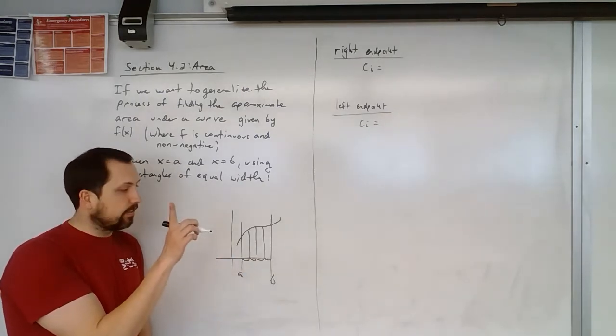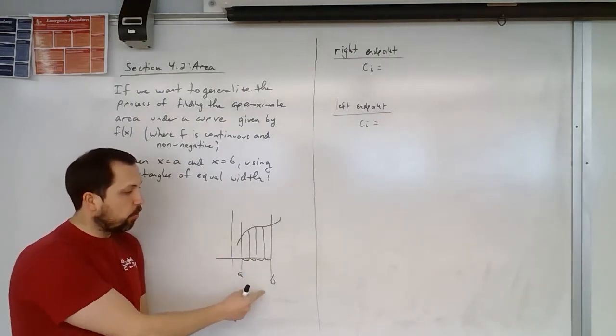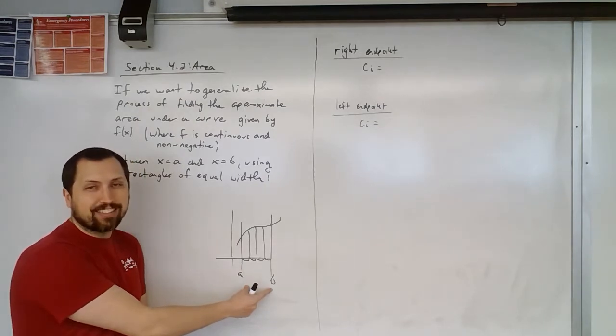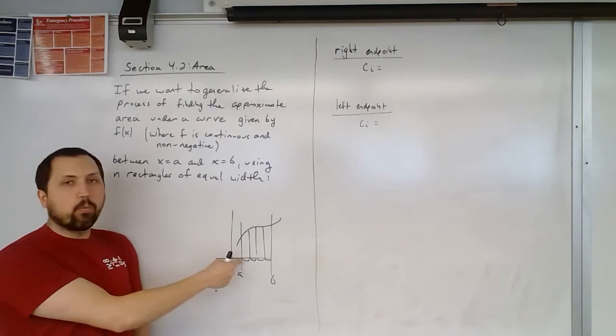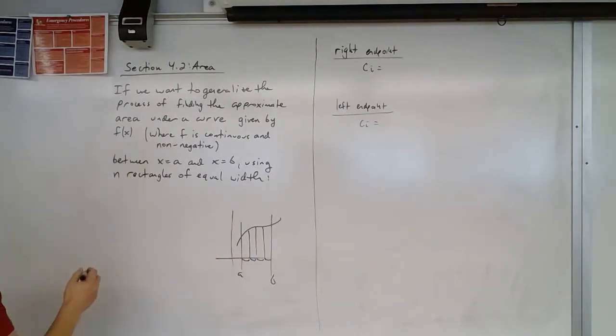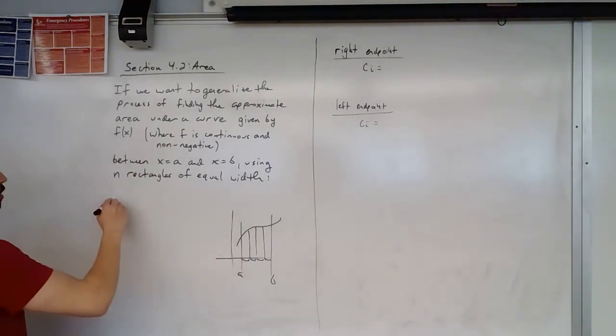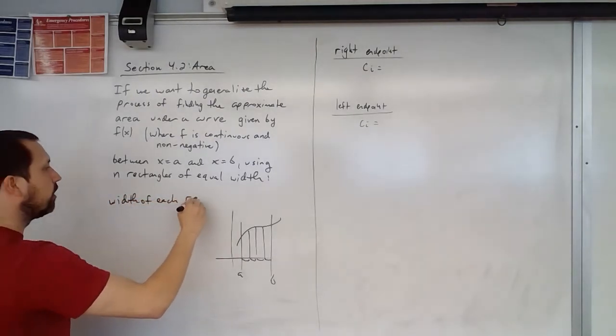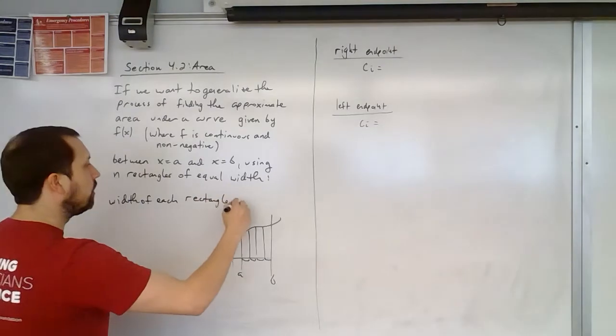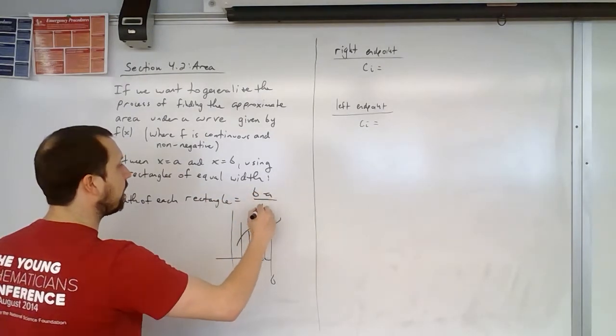That's one thing that's easy to calculate: if this total distance here is b minus a, and we're dividing it into n rectangles, we can find the width of each of these rectangles.